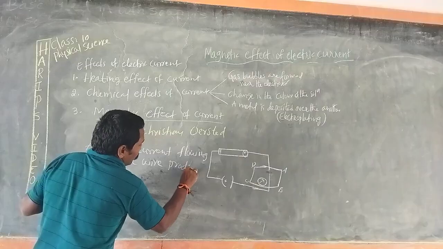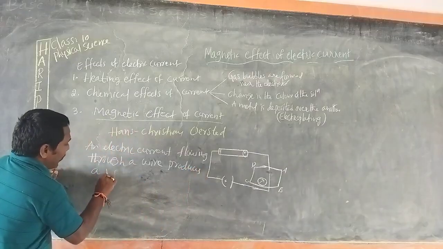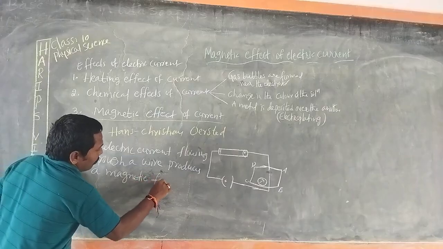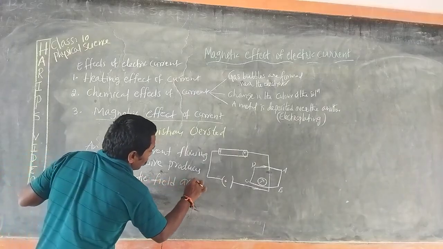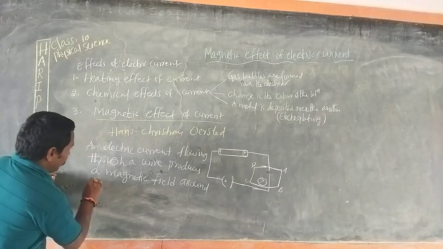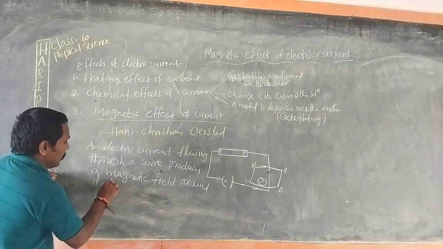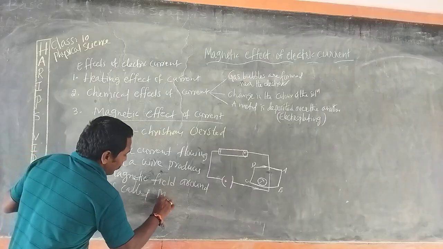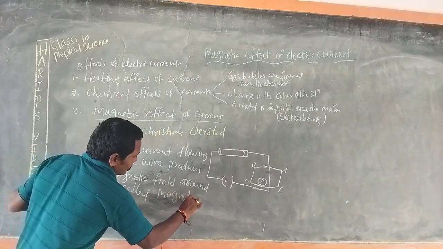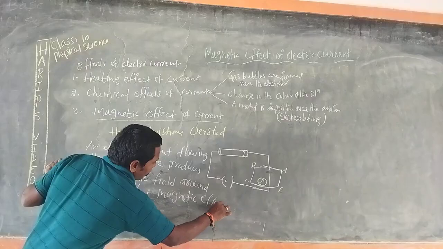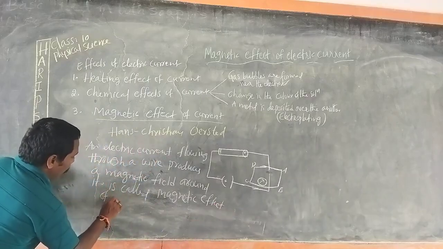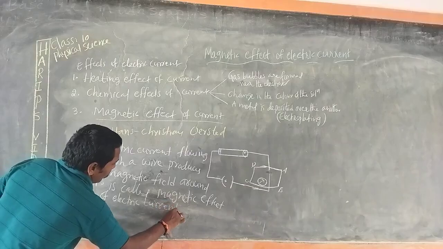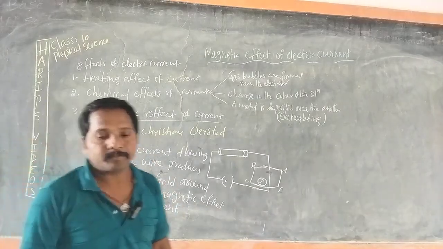A magnetic field is produced around it. This is called the magnetic effect of electric current.